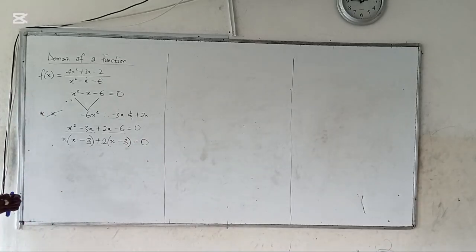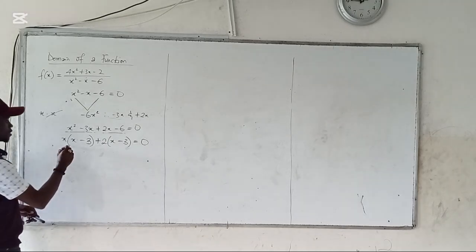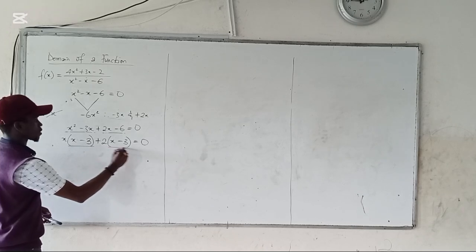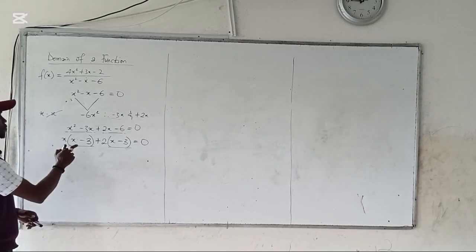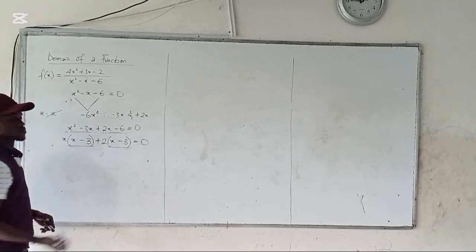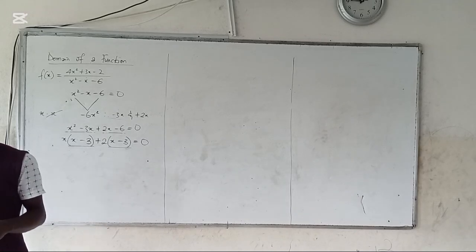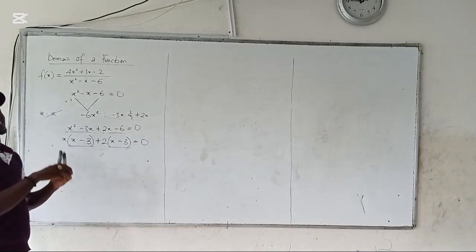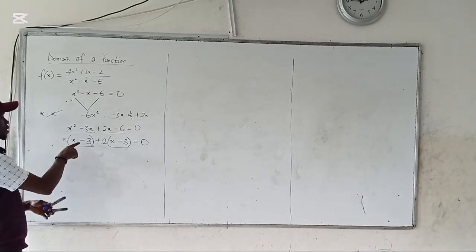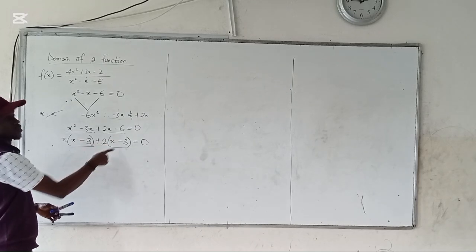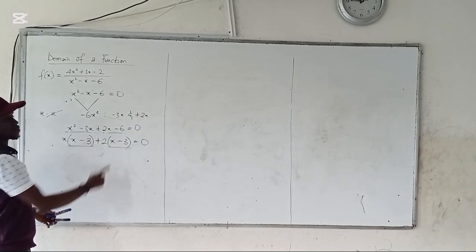Now take note that for every factorization, if you factorize properly, at the end of the day, the terms inside the bracket should always be the same. They will be the same in all sense, even the signs are the same. Not that you have minus here and you have plus here.